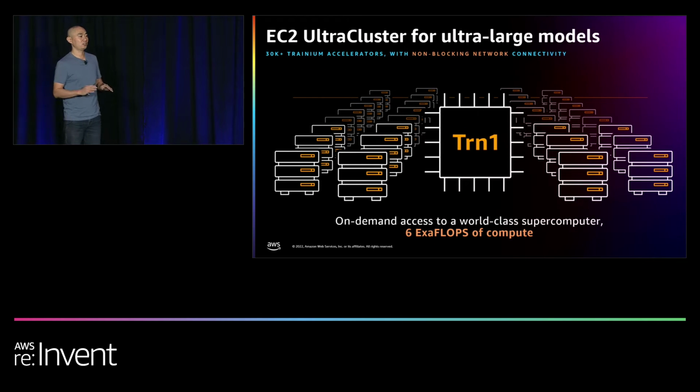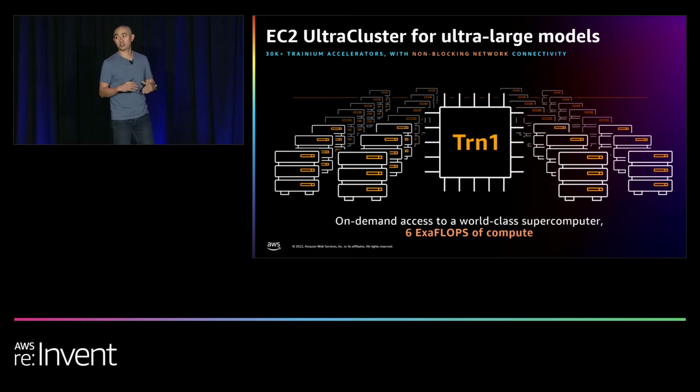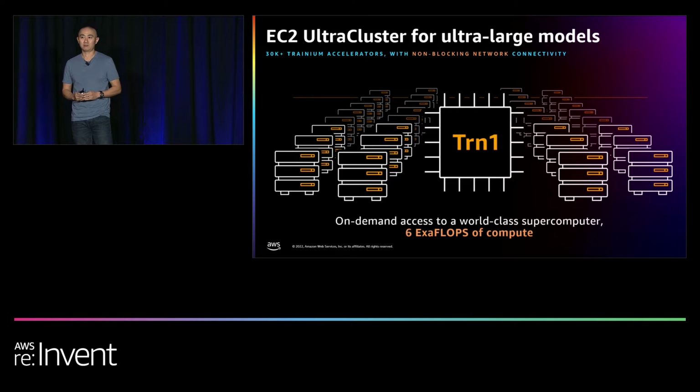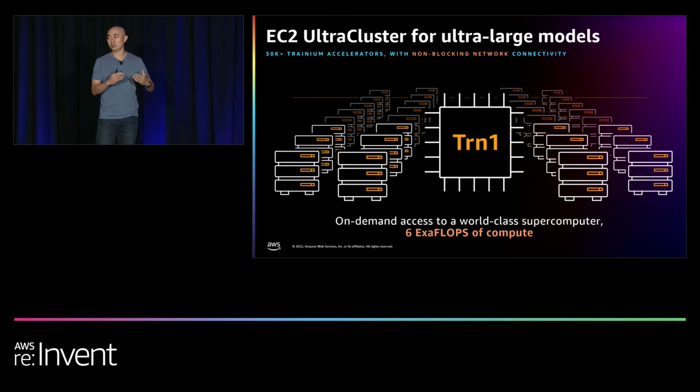Now, at the data center level, we're also making additional improvements. And this goes back to the UltraCluster notion that Samir mentioned earlier. We built this concept for our previous generation of GPU-based instances, and they're now getting better with TRN1 because of primarily two things. Number one, we have much faster networking, and number two, the Trainium chips that we put into the servers and data centers are very power efficient.